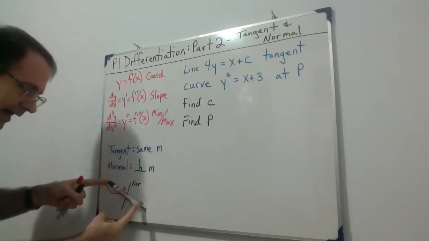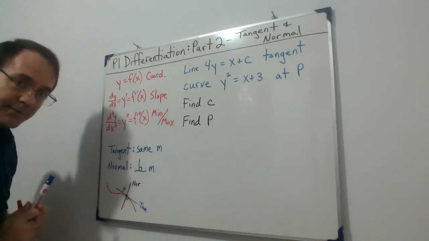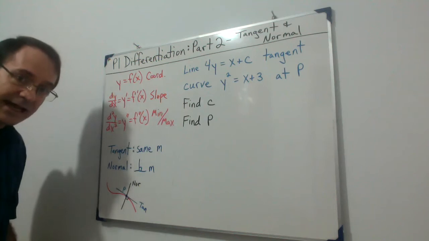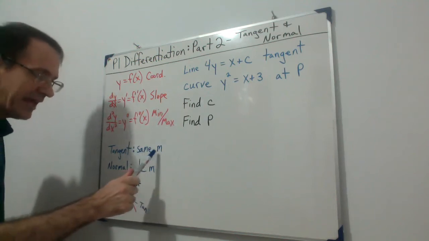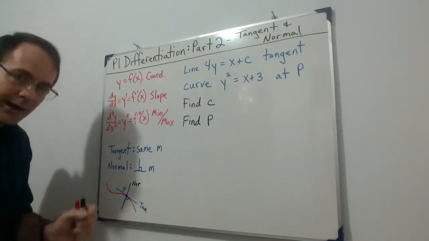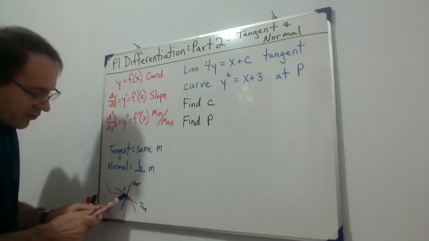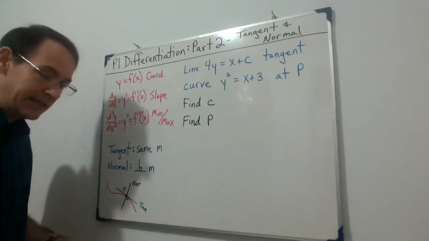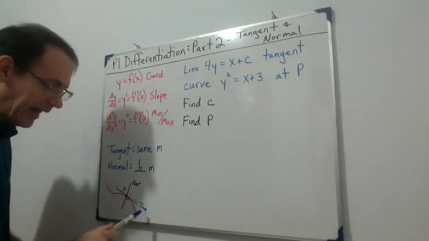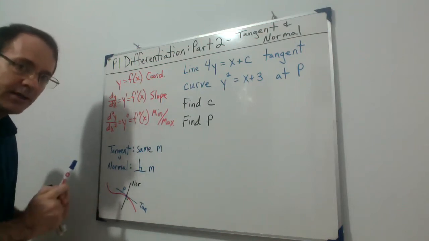When our tangent line is touching point P, then the equation of the tangent line has the same slope as the curve does at point P.